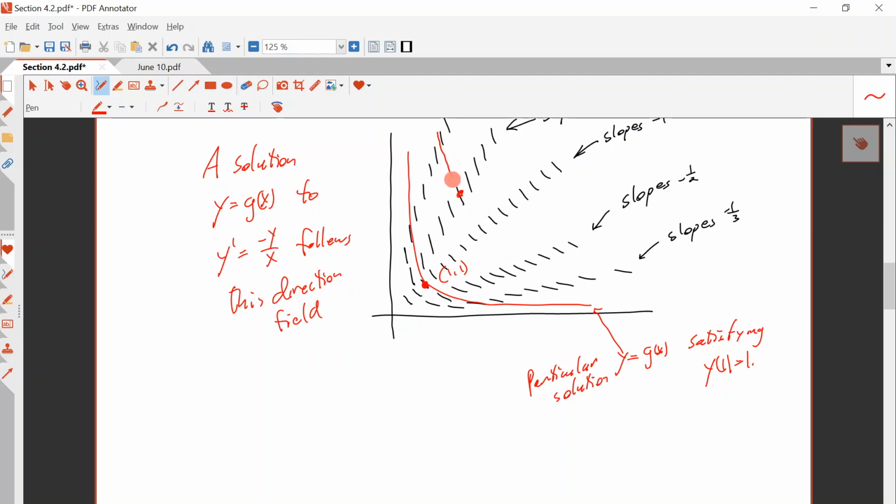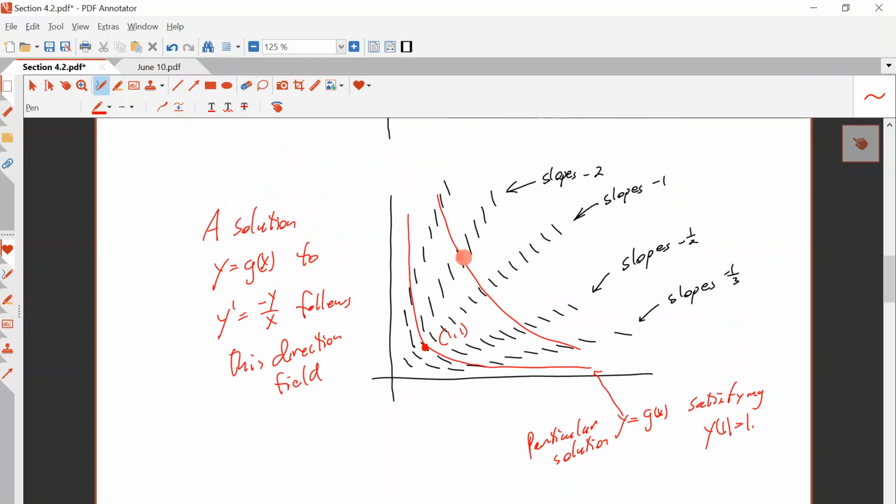So, why don't we do that? If that's the point (4, 2), say, maybe I could do that in a different color.